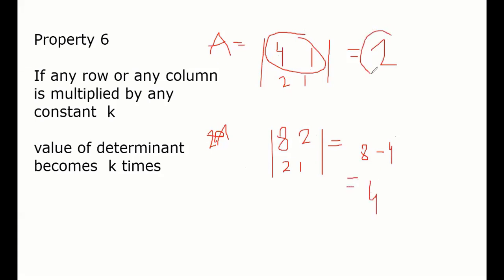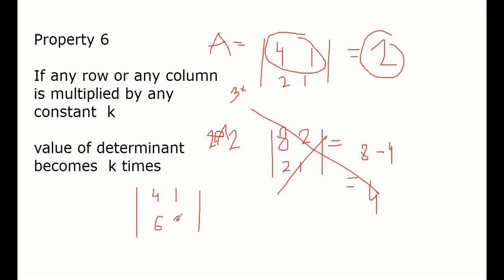मतलब पहले वैल्यू 2 थी, now it became 4 because हमने यहाँ 2 से पर्टिकुलर रो मल्टीप्लाई की. अगर हम सेकंड रो मल्टीप्लाई करते हैं, सपोज 3 से, if I multiply only the second row with 3, डिटरमिनेंट क्या हो गया मेरा? 6 and 3, correct?